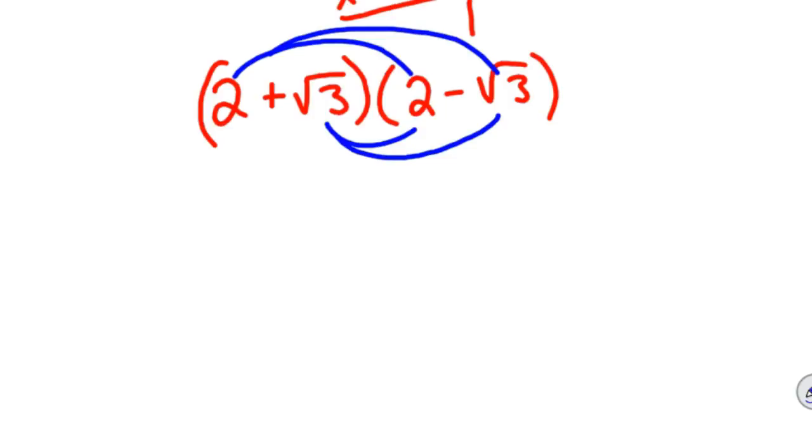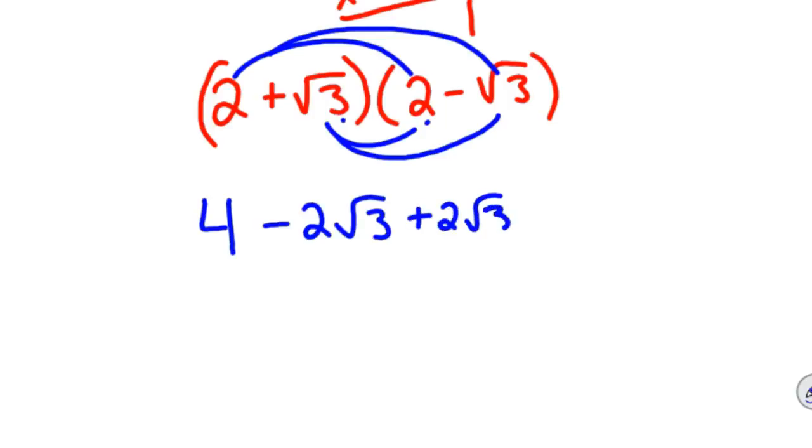So 2 times 2 is 4. That's that first one. And then you take 2 times negative square root 3. Well, that would be negative 2 root 3. And then the middle one, you take root 3 times 2, so that would be plus 2 root 3.